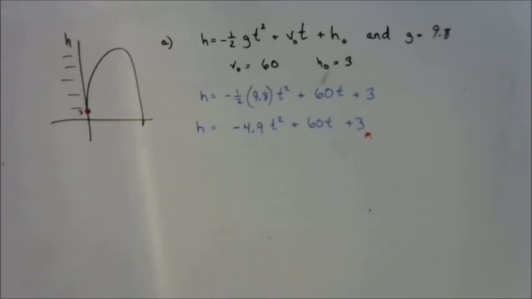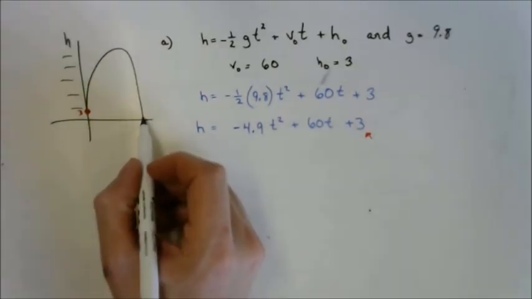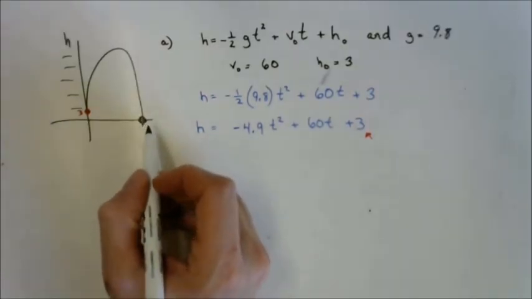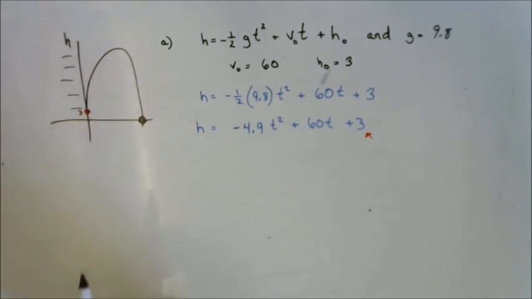All right, we have our equation to model this projection of the toy rocket, and now we're looking at B, and B says, how long would the rocket take to fall to Earth, rounded to the nearest hundredth of a second? So, here's where it hits Earth, according to our little sketch. What am I looking for? What is the goal of this situation? To find the time.